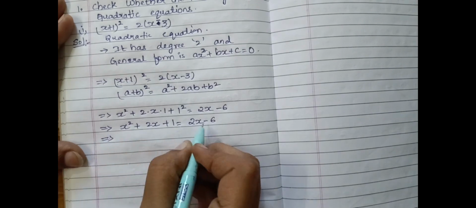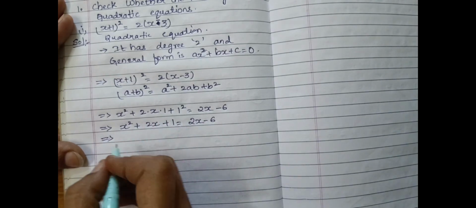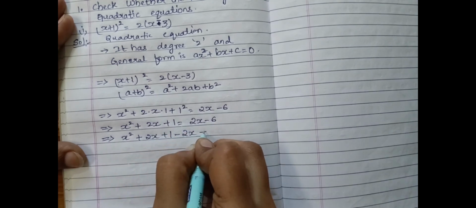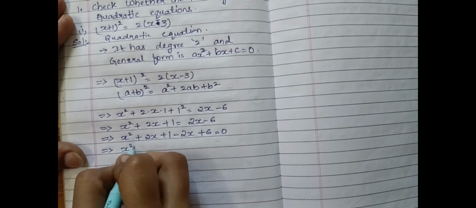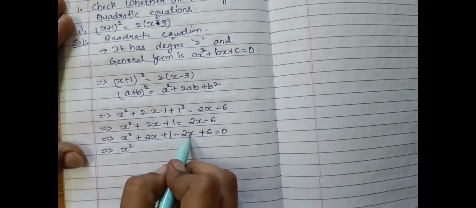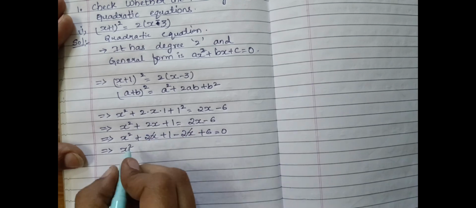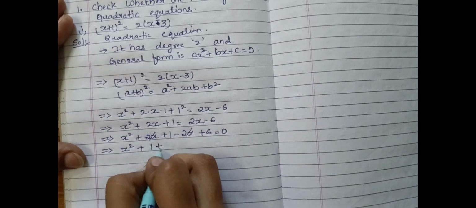That implies we will take these terms to this side. x square plus 2x plus 1 minus 2x plus 6 equals to 0. Again we will get x square. We have 2x, no, but the signs are plus and minus, so they get cancelled. Then the remaining are plus 1 plus 6 equals to 0.